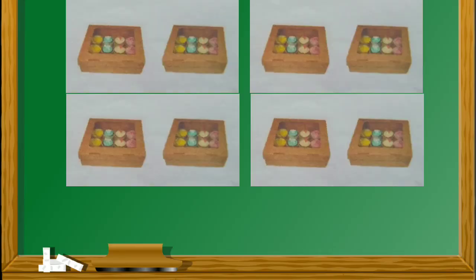Now we have here pictures of cupcakes as well as the boxes. In order to get the answer for this situation, we have to count the cupcakes inside the box as well as the number of boxes of cupcakes.